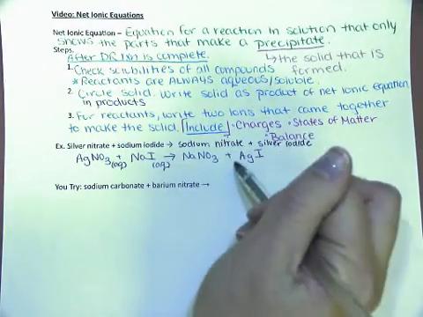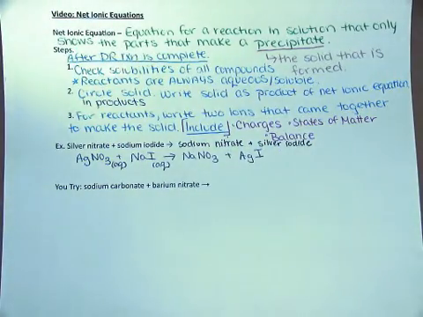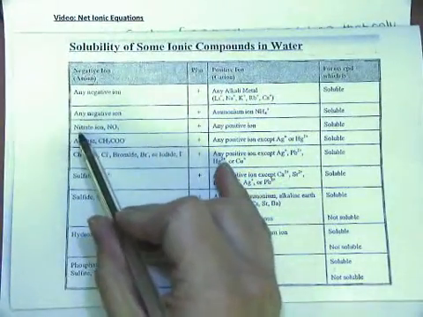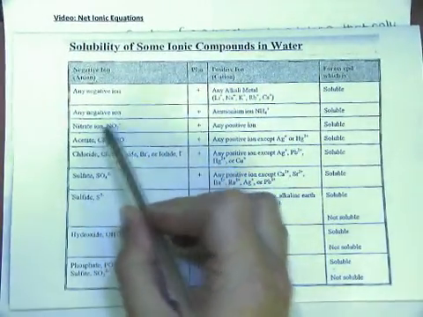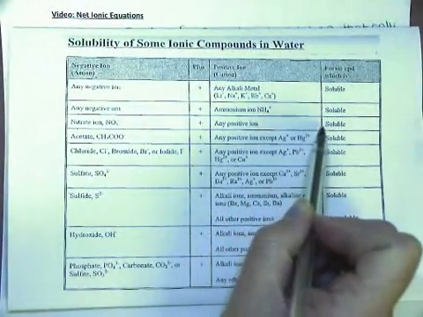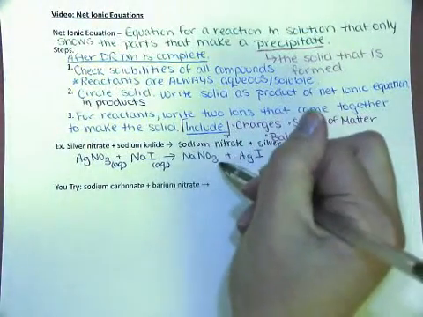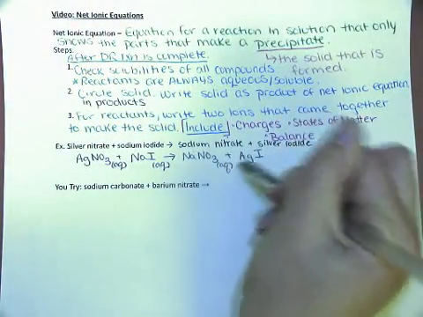Now I need to check my two products. My first one is a nitrate. I go to my solubility rules. Nitrate ions plus any positive ion is soluble. So remember, that means it's aqueous. So my sodium nitrate is aqueous.